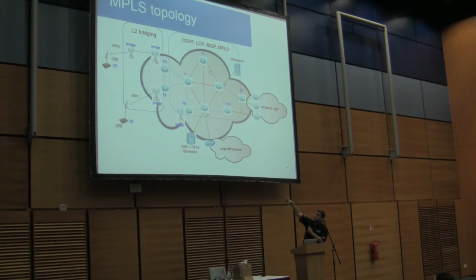Provider edge is connecting to the core of the network, and the core of the network has this technology. When you implement MPLS in your network, I recommend you use OSPF, because it's for distributing information between routers and to send information about connected routes and loopback information. Then you need a label discovery protocol to distribute MPLS labels.